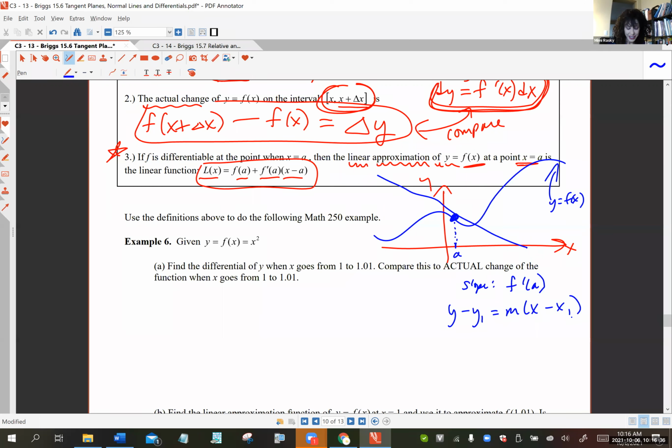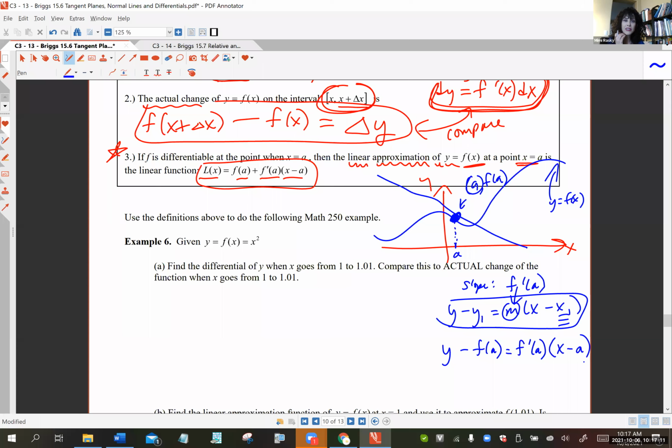This is called the point slope form. And this point here has coordinates a, f of a. So you go y minus the y coordinate of that point, f of a, is equal to the slope, f prime evaluated at a, times parentheses x minus the x coordinate of the point, which is a. Does anybody remember this, I hope?